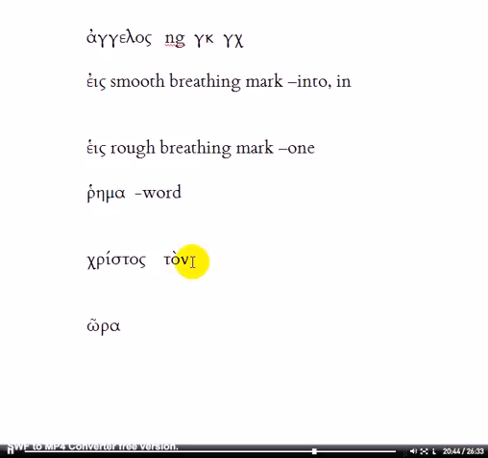Now here's the problem with this. We really should have a breathing mark with it as well, because remember, I told you if it starts with a vowel, it's got to have a breathing mark. So let's put one. Okay, let's take a look here.